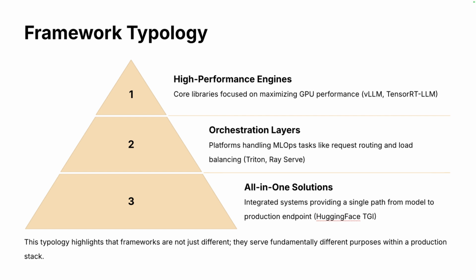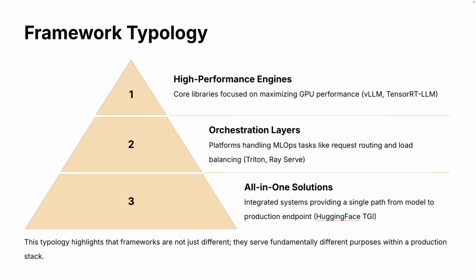These frameworks are more like low-level libraries optimized to squeeze out the maximum performance from the GPU. They are all about fast token generation and efficient memory use, and are usually ideal for scenarios where speed and throughput are critical.